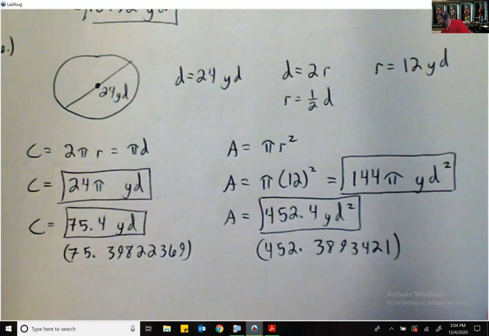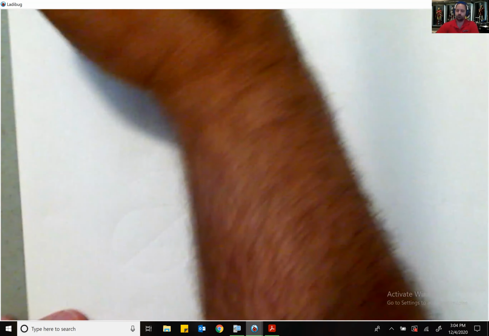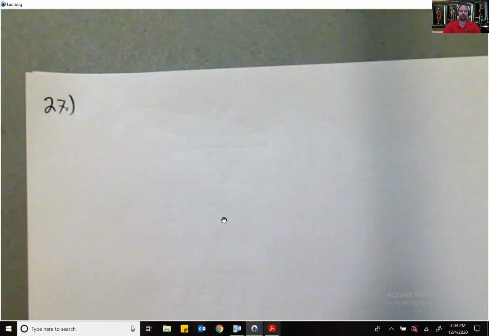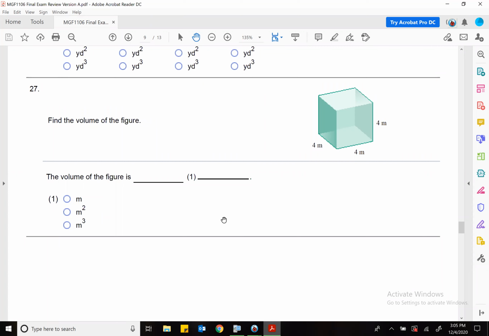All right, number 27. So we want to find the volume of this box. How do we find the volume of that box? Length, width, and height.